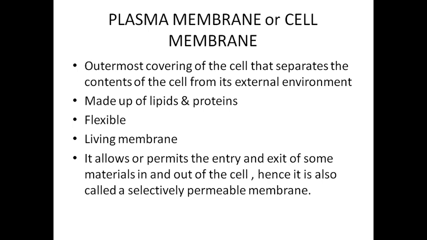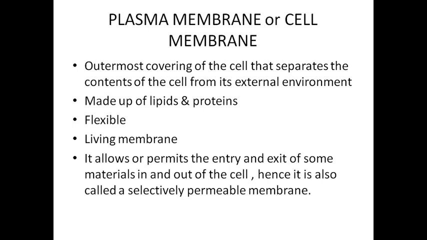Now this plasma membrane is made up of lipids and proteins. It is flexible and it's a living membrane too. Now it allows the entry and exit of some of the materials inside and outside the cell. Hence it's also known as a selectively permeable membrane.